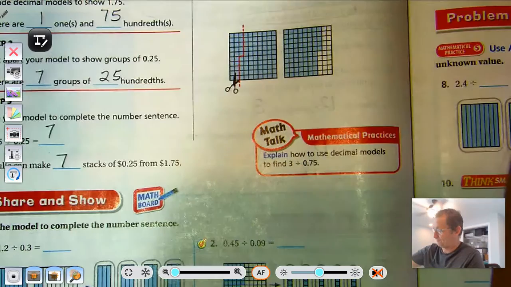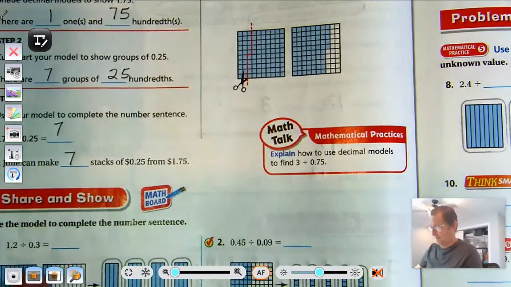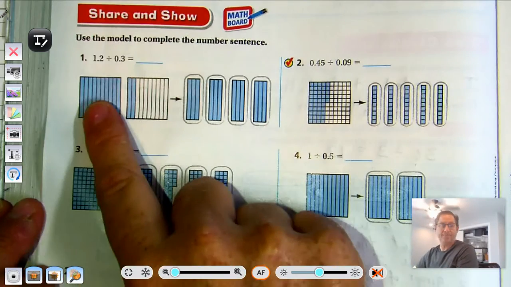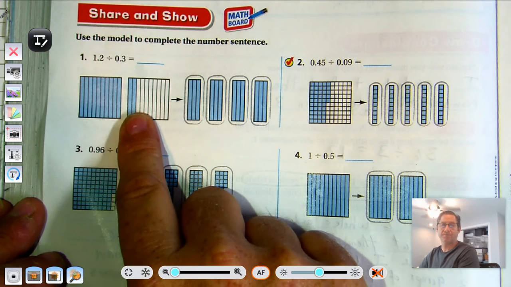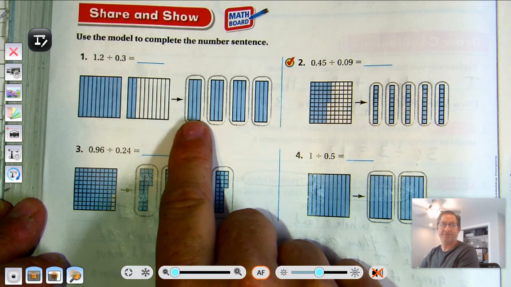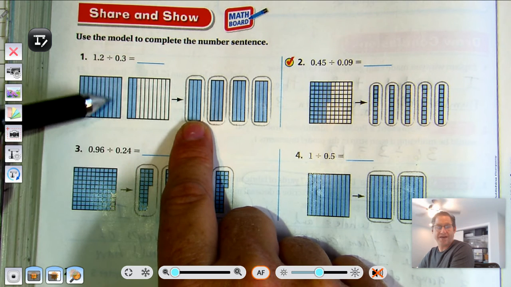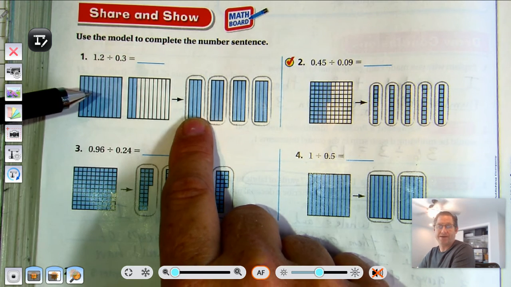All right, so 1 and 2/10 divided by 3/10. So they're taking the parts that are shaded and putting them in groups of 3/10.